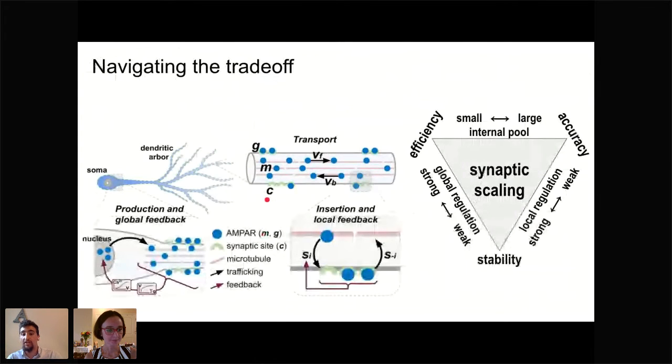So this change in C in our model is taken to represent an increase in available slots in the actual synapses. So it's an upregulation of many of the structural proteins in the synapse that can support AMPA receptors on the surface. So that's one kind of structural plasticity where we've changed the structure of the synapse to accommodate more AMPA receptors. So that's taken into account here.